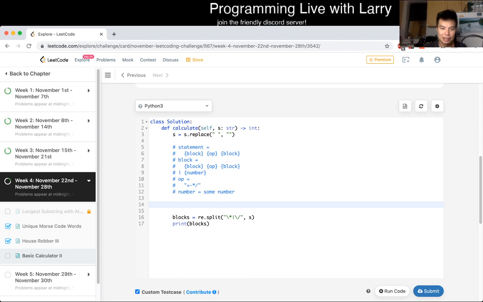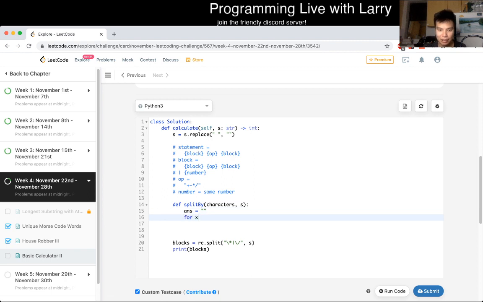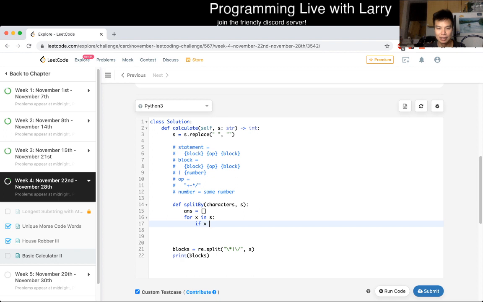Let's have a helper function that splits by some characters, say, and a string. And then we can just do it character by character. We have an answer equal to, for x in s, if x in characters, then we split it.